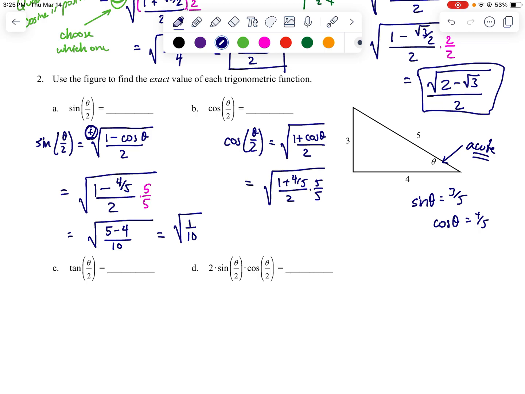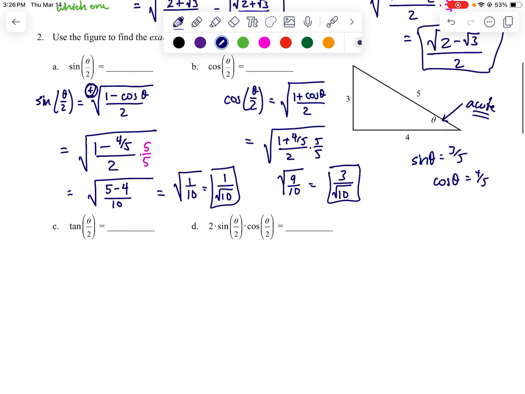Multiplying by 5 over 5 gives us the square root of 9 over 10, right? 5 plus 4. If you wanted the square root of 9, you could say it is 3, and this is radical 10. I don't care if you rationalize. And so here, the square root of 1 is 1, and then we've got the radical 10. So you could do that, okay?